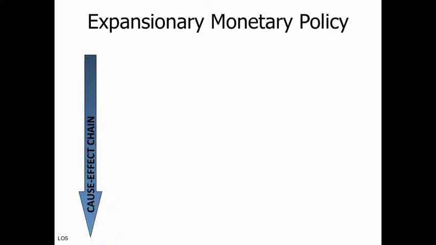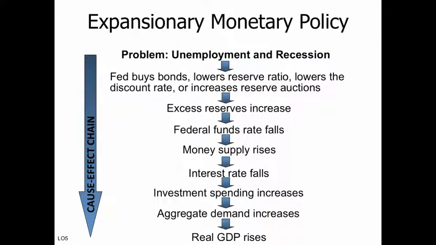So really this little diagram, schematic, shows the cause-effect chain. Because as we hopefully can see now, there are quite a few steps that this flows through. And so you can see all the steps here where we start with the problem, right? The problem is we have a recession and higher unemployment than we want.